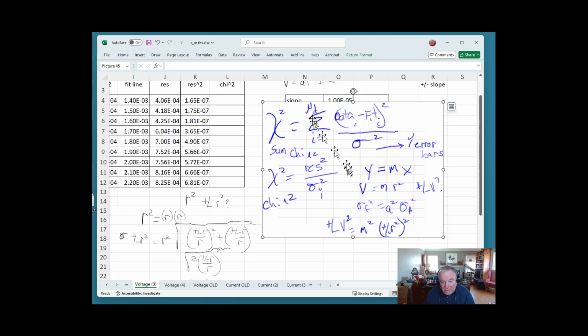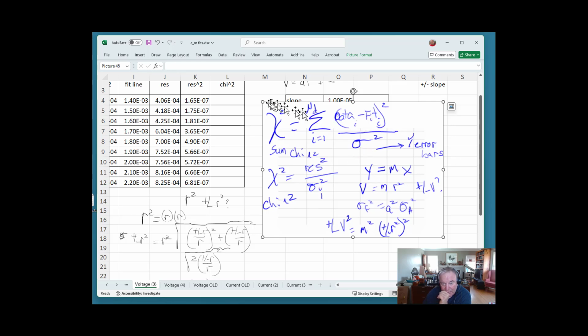So once again, the chi-squared is just, you recognize this up here, that's the residual squared. And now we divide by the plus minus of each data point.